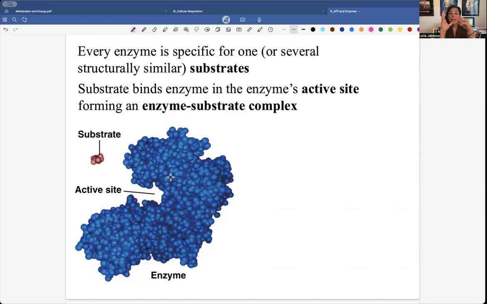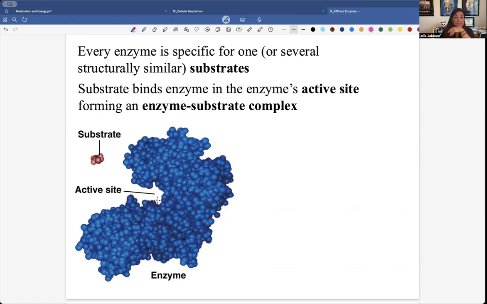They literally hug the substrate in a glove way, where it's made specifically for that substrate. Sucrase will only work with sucrose. It will not work with fructose or another kind of sugar.